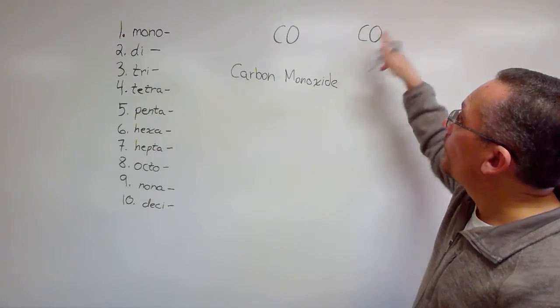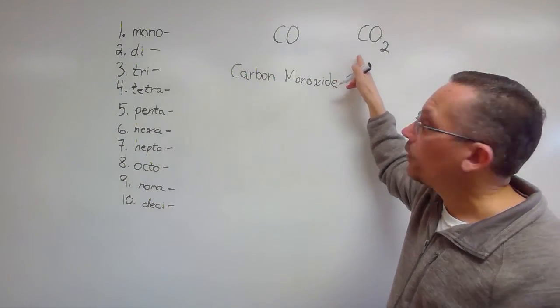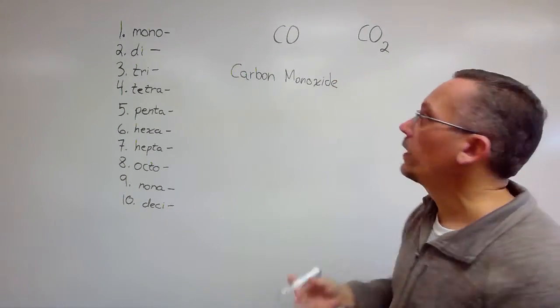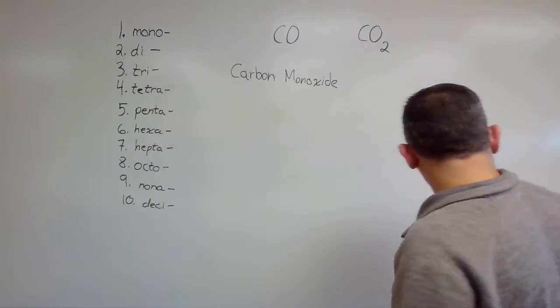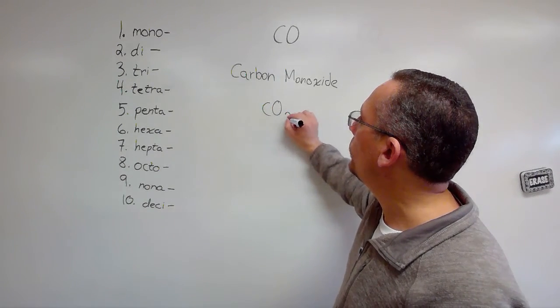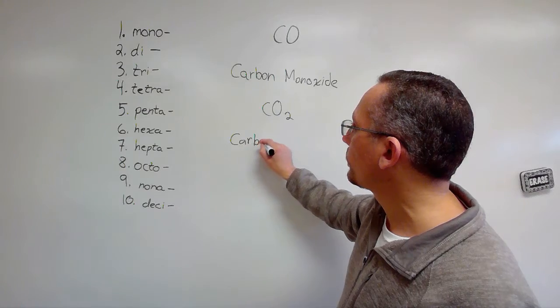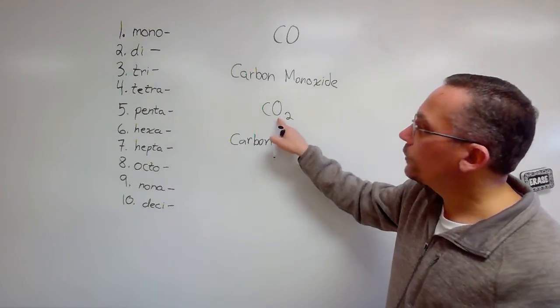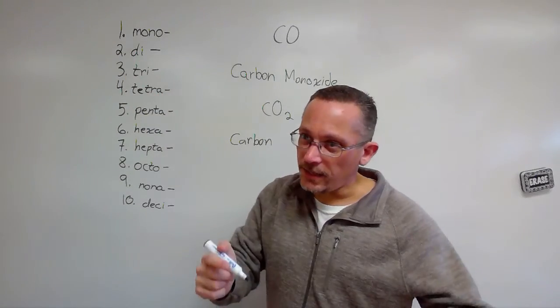This one here, again, we don't use mono in the first word. You see there's just one carbon, so I'm not going to say monocarbon. I'm just going to say carbon. CO2. So we're just going to write carbon. We don't use mono in the first word. And then there are two oxygens. So I'm going to call that dioxide.